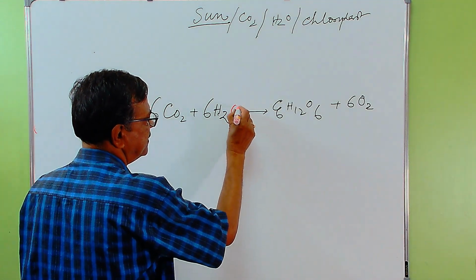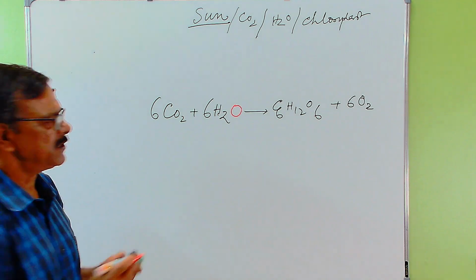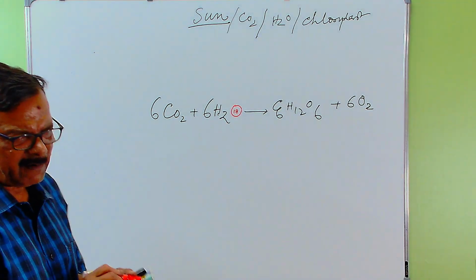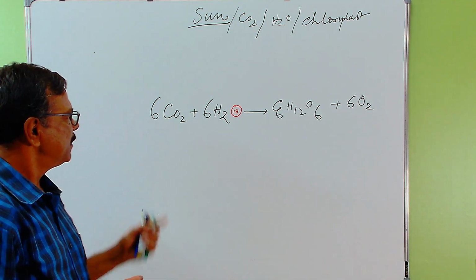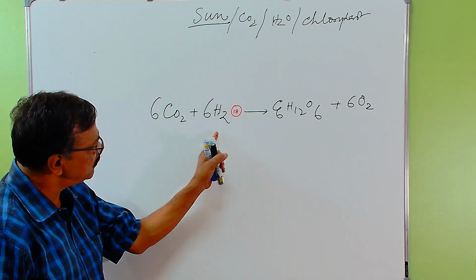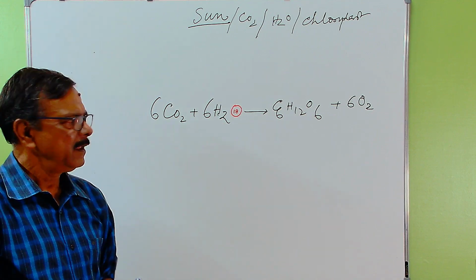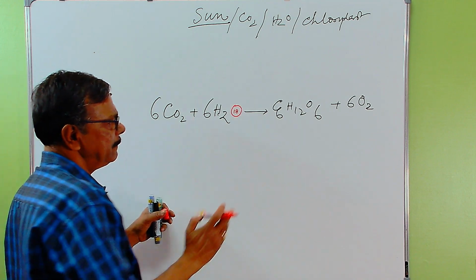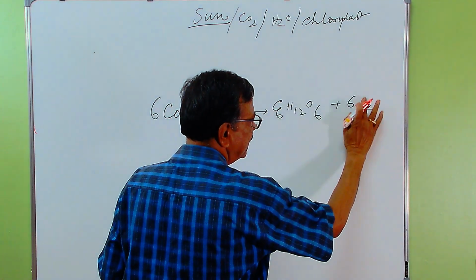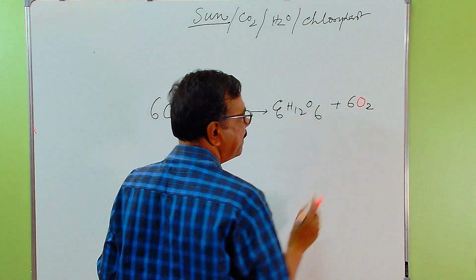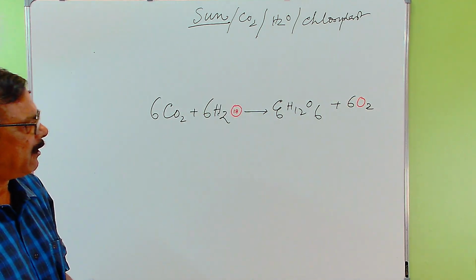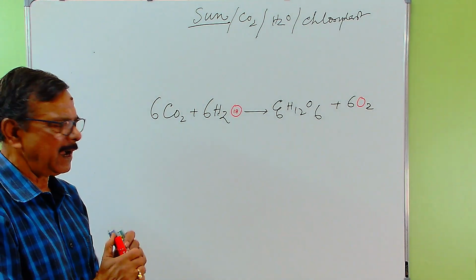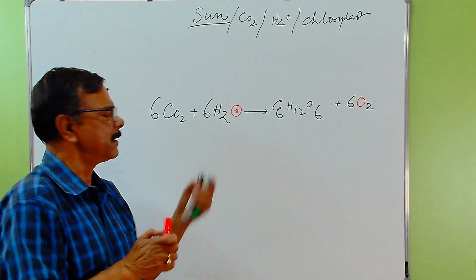This O18 is an isotope of oxygen. Different varieties of oxygen are there. Isotope you will read in chemistry. So scientists have used O18 oxygen, and what they found is that the oxygen evolved during photosynthesis comes entirely from water.